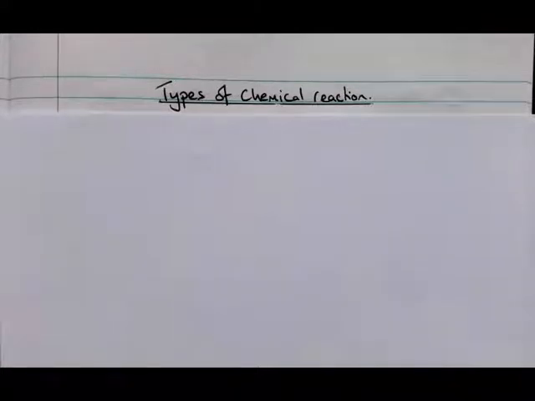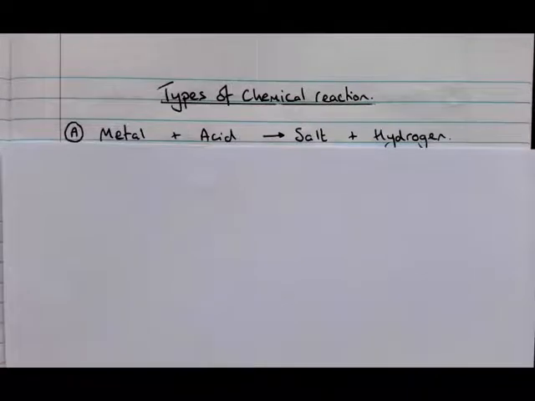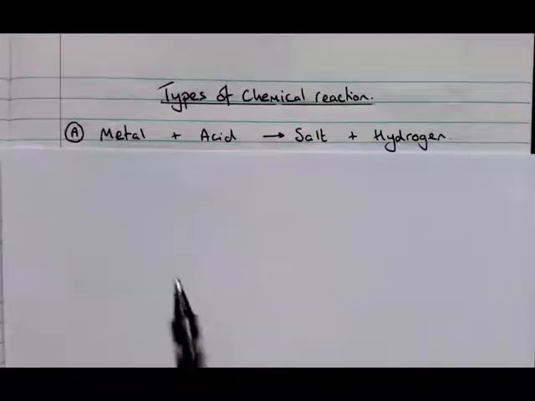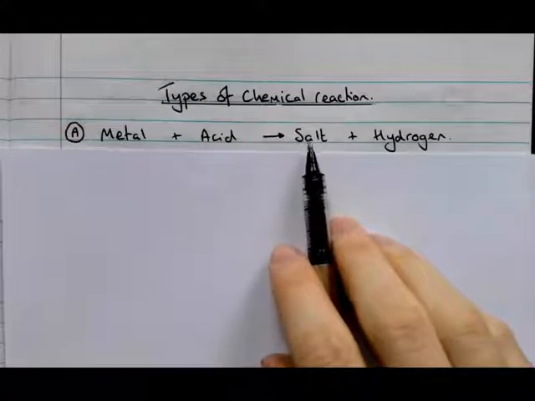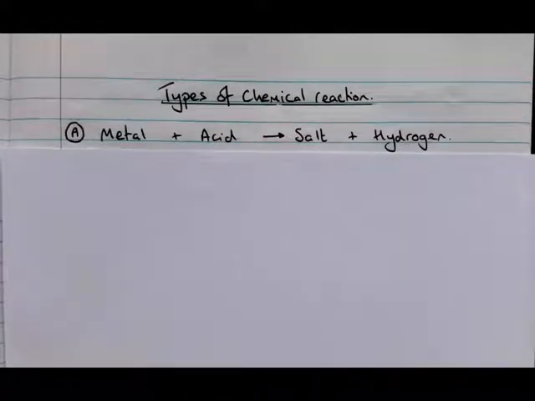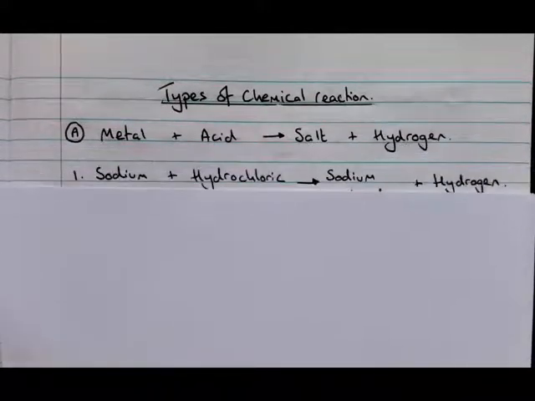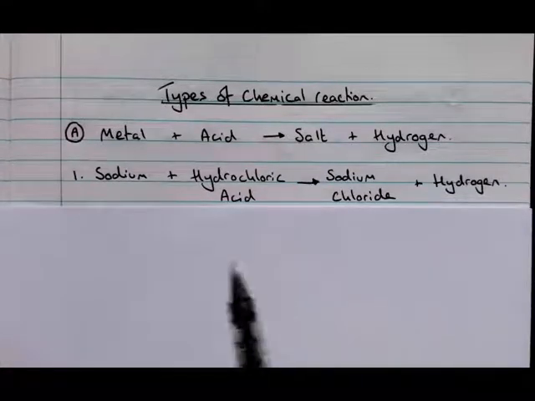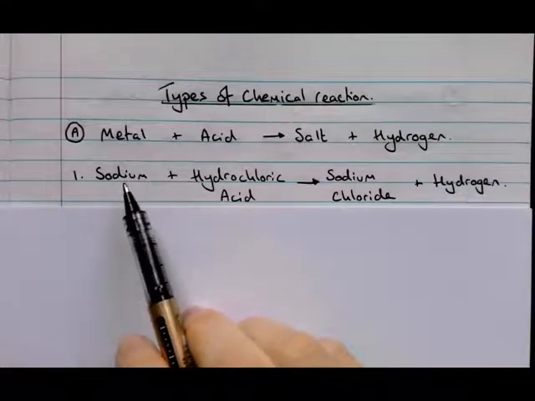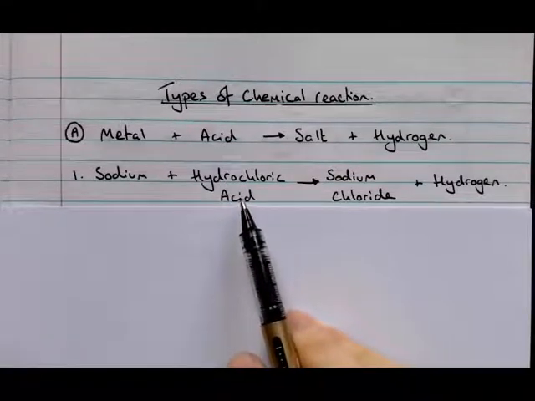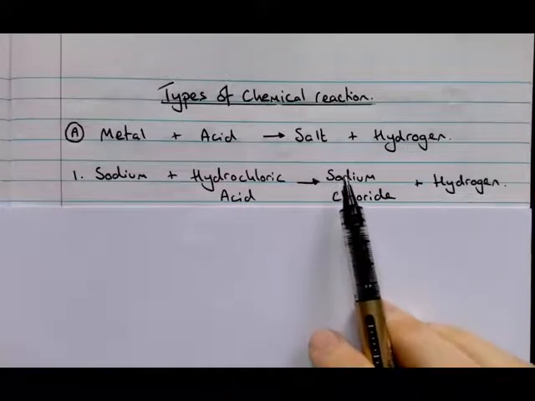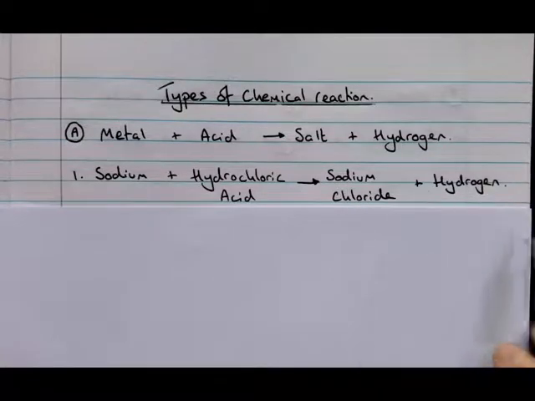So the first type of chemical reaction is a metal plus an acid gives us a salt and hydrogen. Alright, and here is an example of that reaction. So our metal is sodium, the acid is hydrochloric acid, the salt that we make is sodium chloride, and hydrogen is just hydrogen.